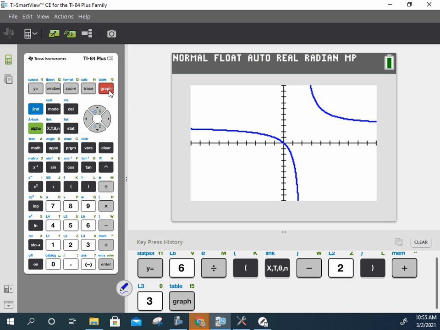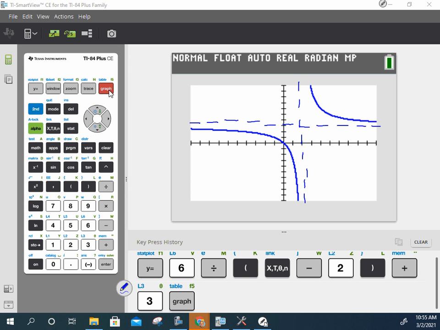But one of your asymptotes was x equals 2, it would have been right there. Notice that the graph doesn't touch it. Your horizontal asymptote was y equals 3. Notice it doesn't touch it. So the graph doesn't touch either one.